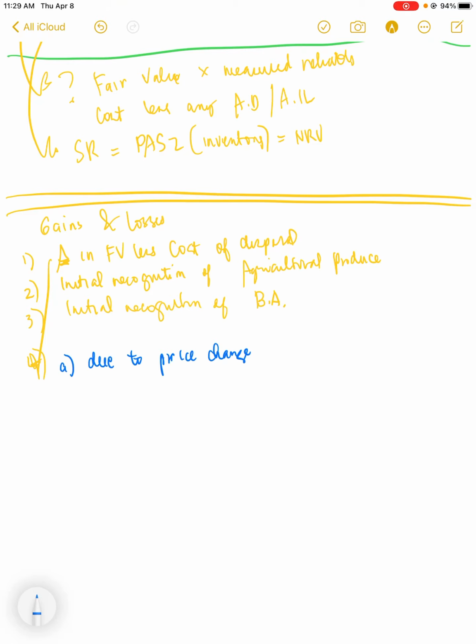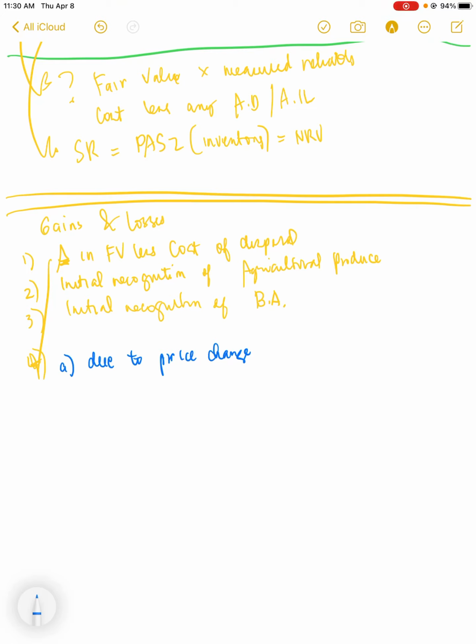Parang halimbawa, yung 1-year-old na baka, ang value niya ngayon ay 30,000. Pero ang value niya noon, yung 1-year-old na baka noon ay mas mababa sa 30,000. So, the change is due to price.